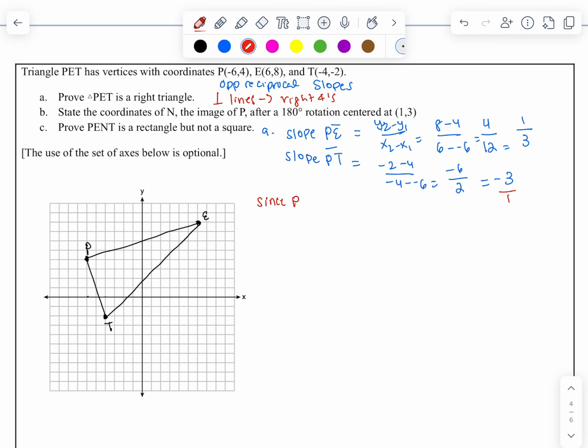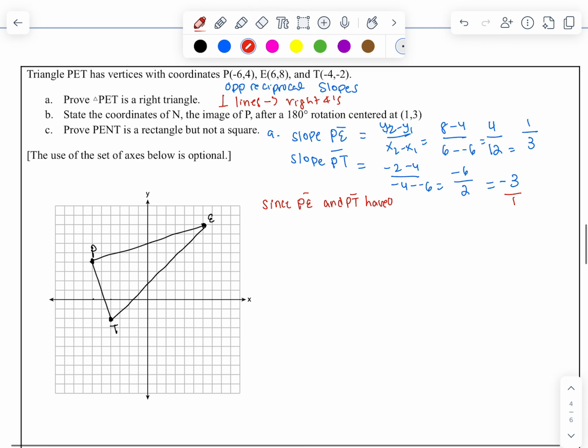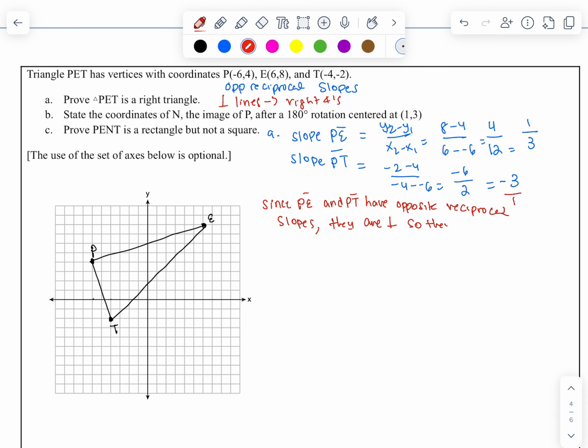Since PE and PT have opposite reciprocal slopes, they are perpendicular, so they make a right angle, showing that triangle PET is a right triangle.